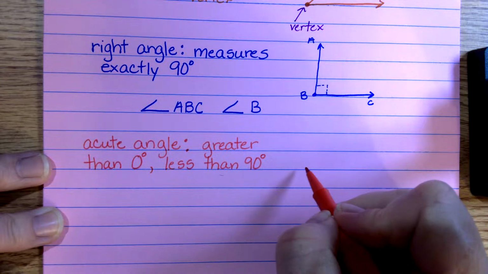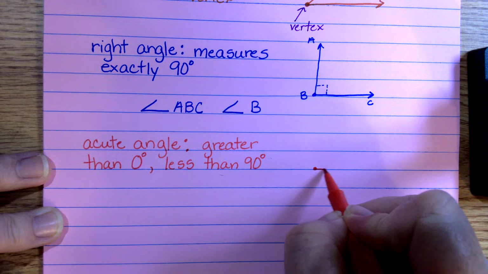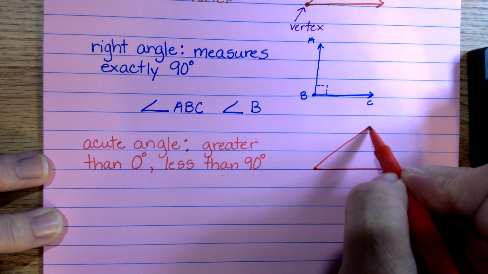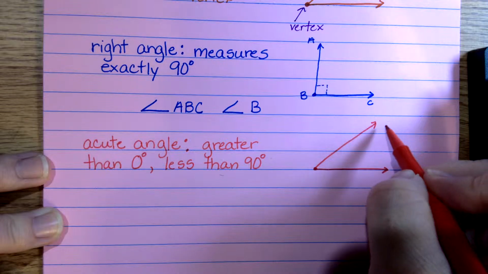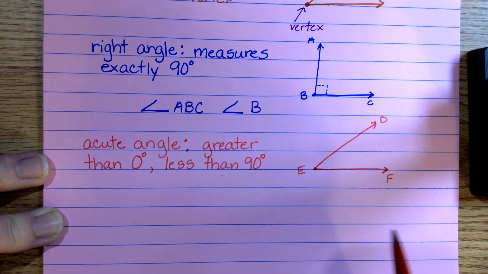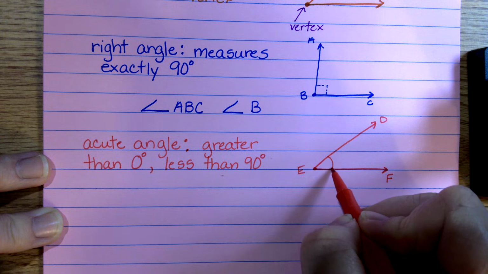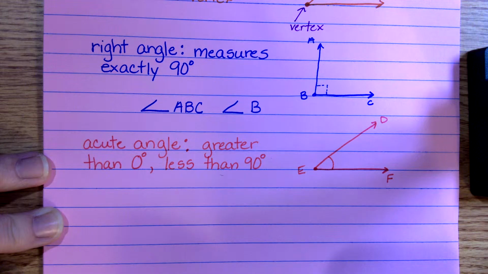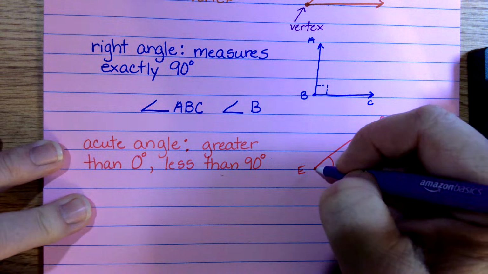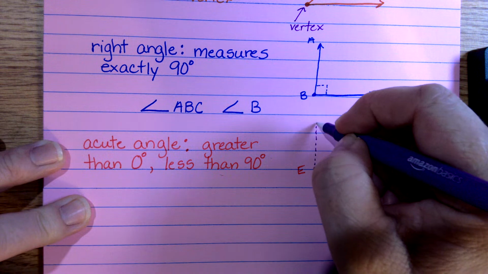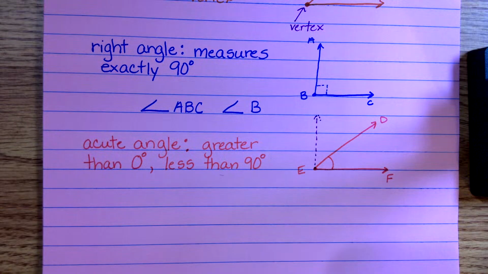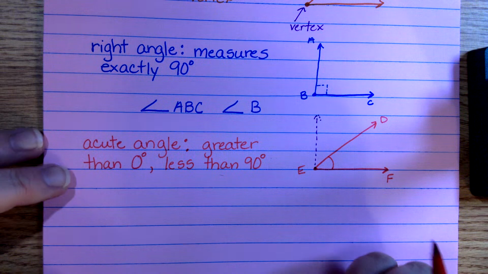So here it is. Here's our ray going out. This one going out here. We're going to call this one D, E, F. So this space right here is less than 90 degrees. If we wanted to put a measurement next to it to show if it was a 90-degree angle, it would be straight up like that. This is less than 90-degree angle.